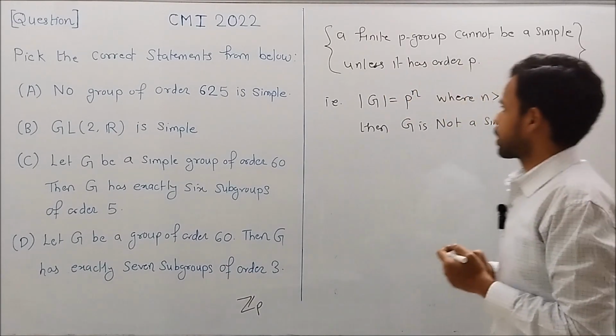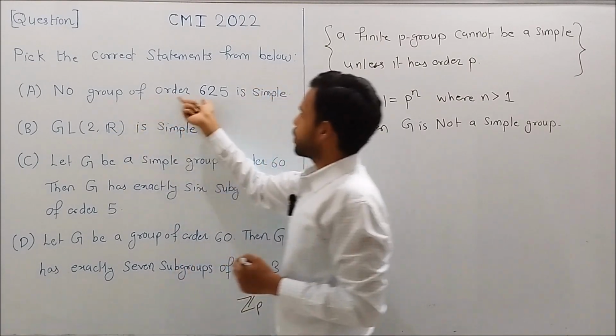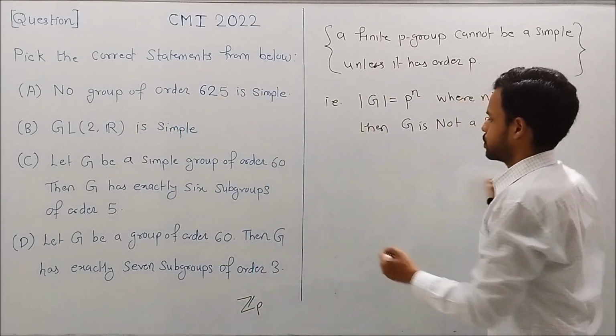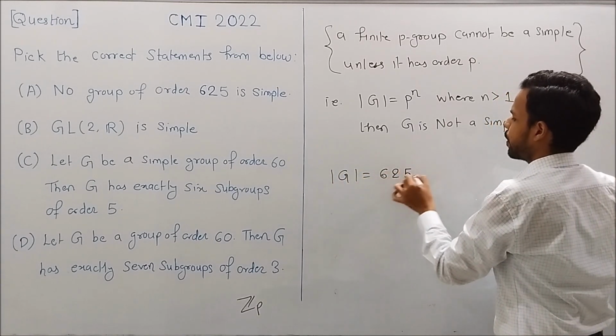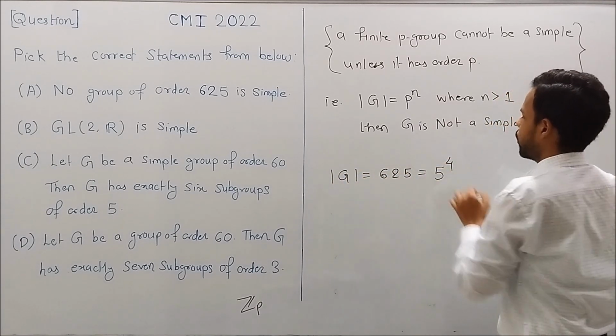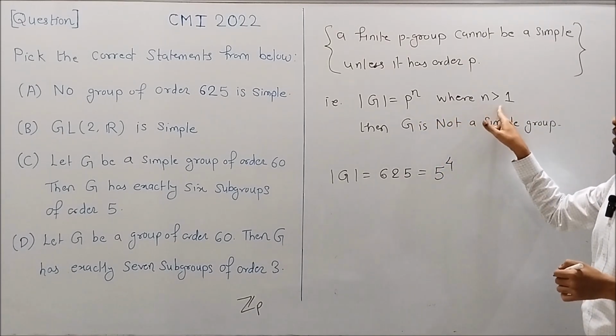So what is statement A? No group of order 625 is simple. We are given the order of G equals 625, which equals 5 to the power 4. Clearly, it is of the form P to the power n, where n is greater than 1.